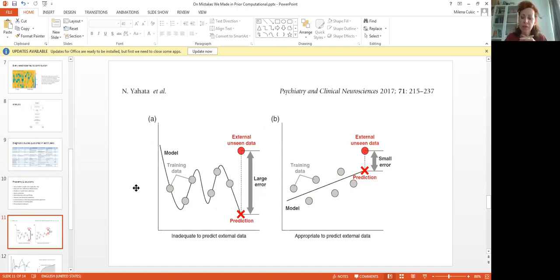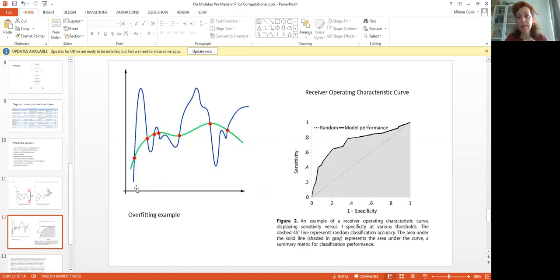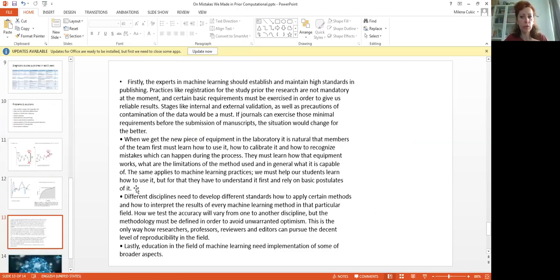And we are talking also about nuisance data. We also very often recommend that people use the receiver operating curve, because this is the most efficient way to really see whether your accuracy is actually usable.